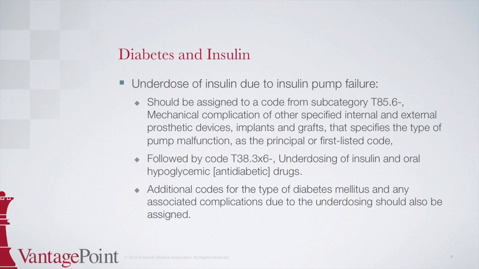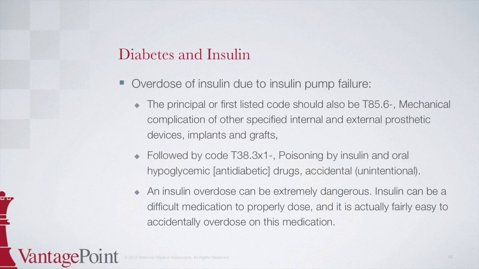Your next code would be T38.3X6 for underdosing of insulin, with the appropriate 7th character added for episode of care. If you remember from the introduction to ICD-10-CM, those episodes of care were initial, subsequent, and sequela. You would then have additional codes for type of diabetes and any associated complications due to the underdosing.